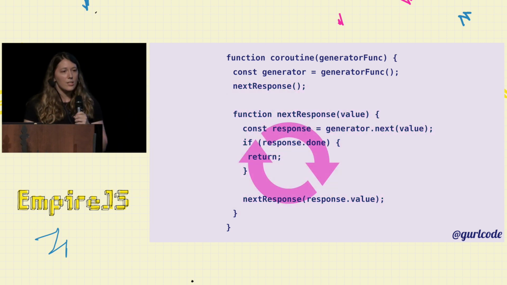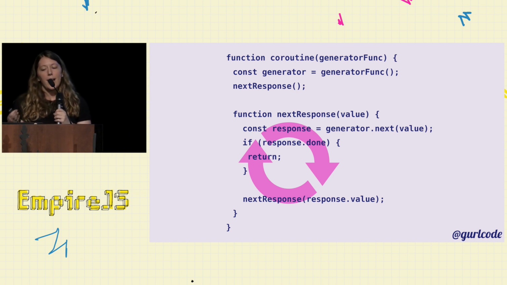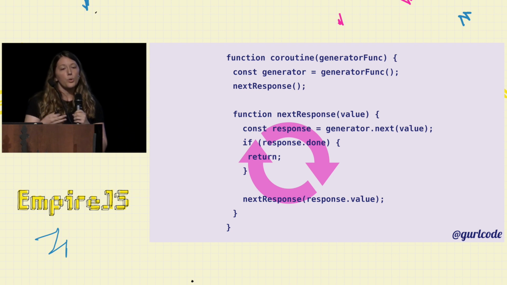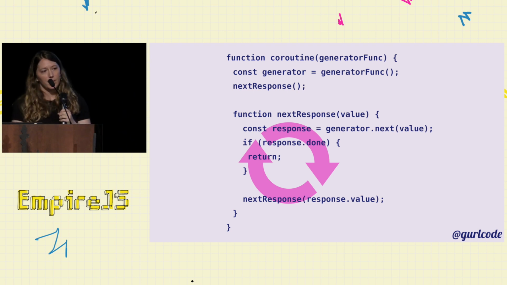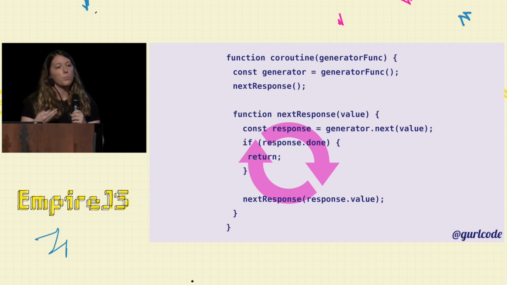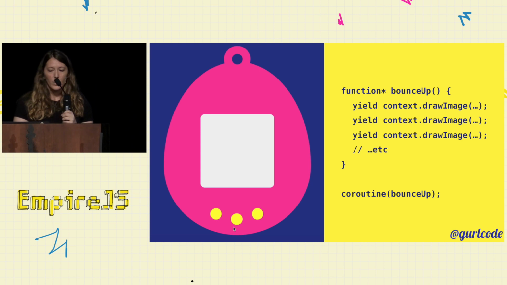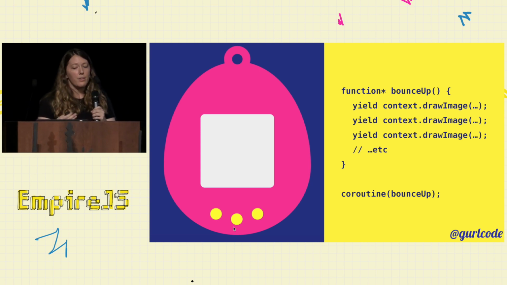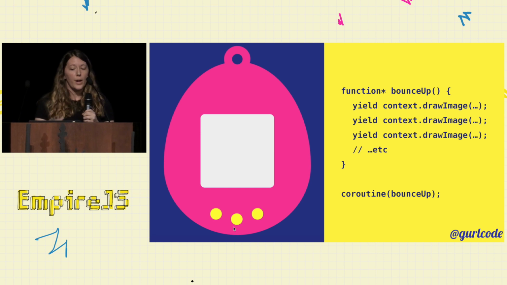So the coroutine is the cooperative partner to the generator. The coroutine passes control to the generator, and when the generator pauses, control is yielded back to the coroutine. And these two functions cooperatively pass control until completion. So now I can rewrite the bounce up animation as a generator and use a coroutine to run it.